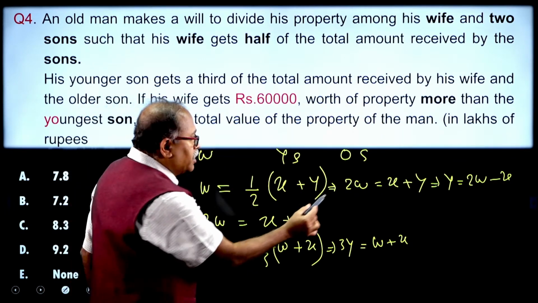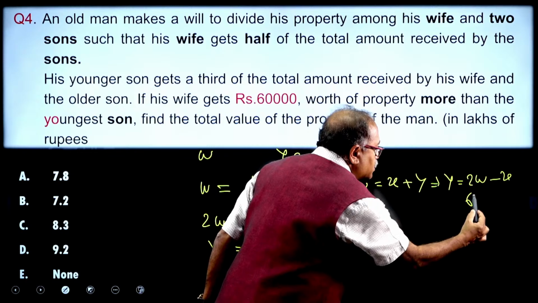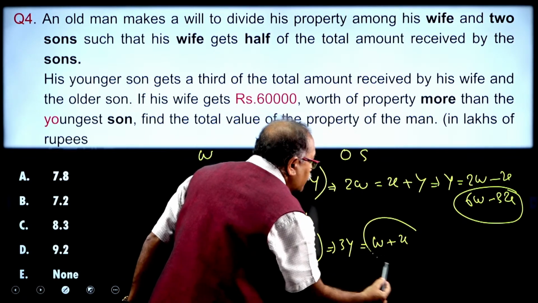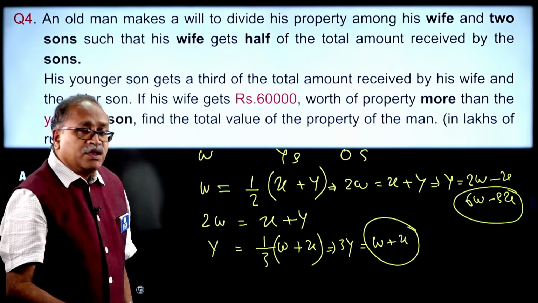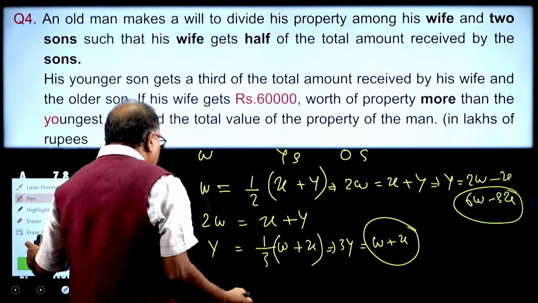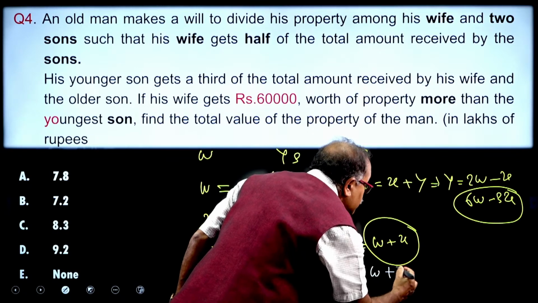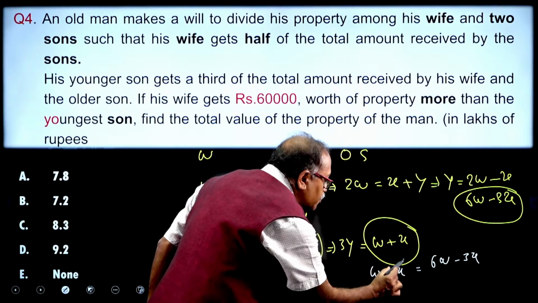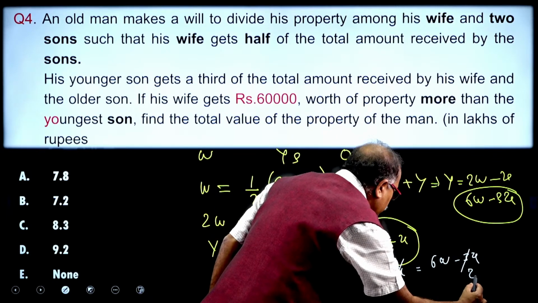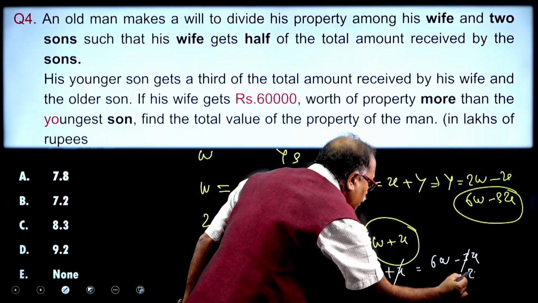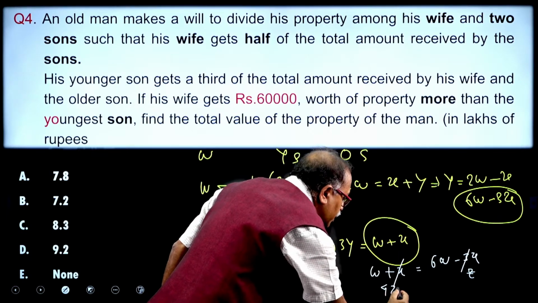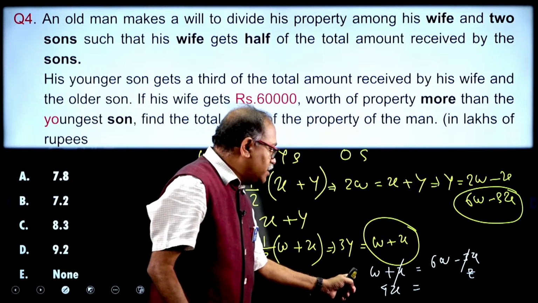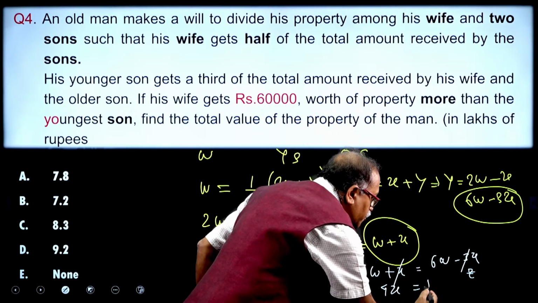If I multiply this by 3, then this is 6w minus 3x. So this value and this value will remain the same. If w plus x is equal to 6w minus 3x, then what I get over here is 4x is equal to 5w.